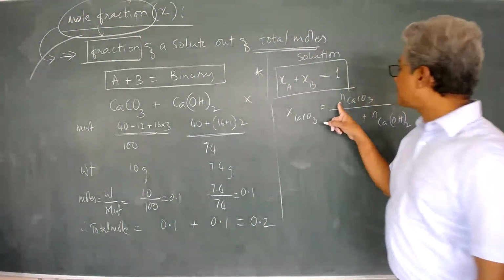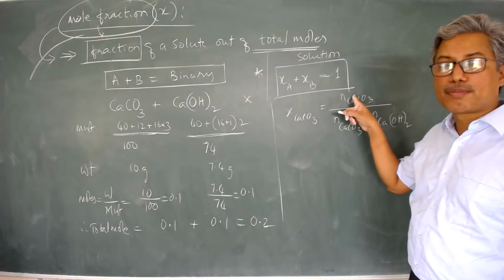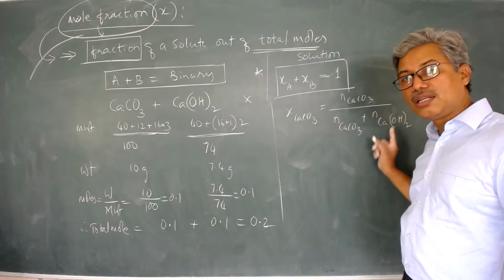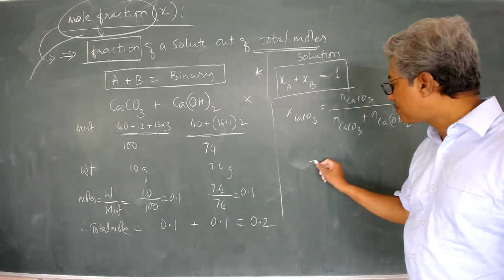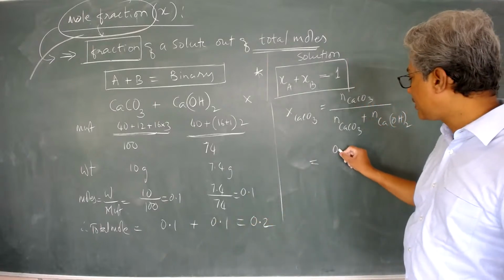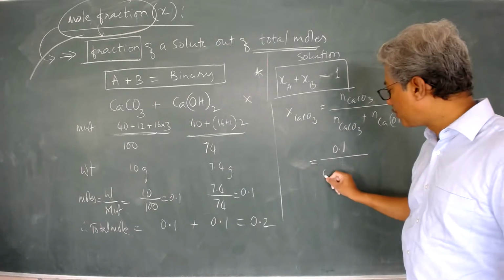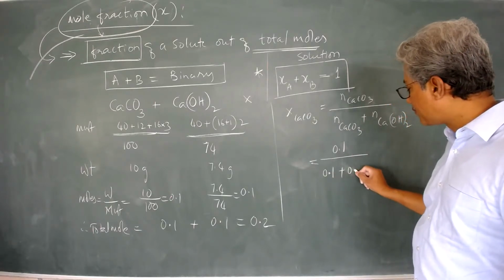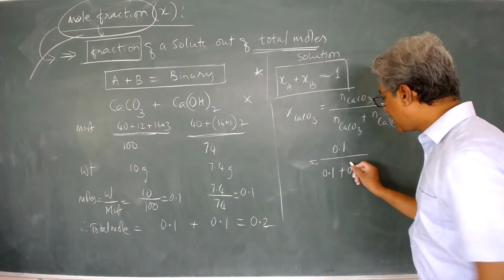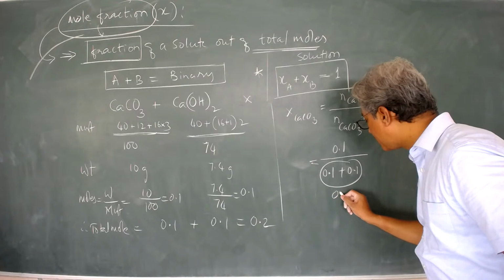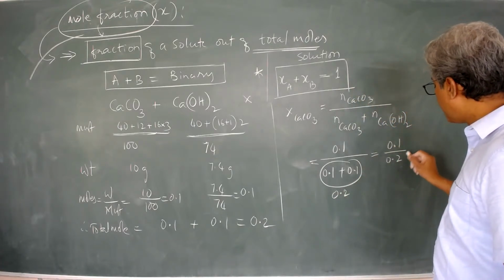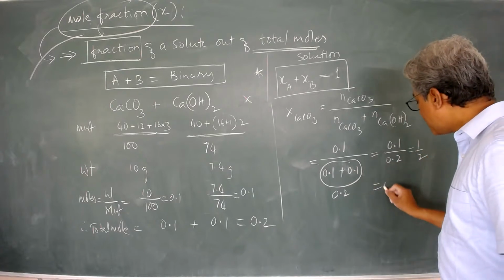What is this? This is the number of moles of solute in this case. And this will be the total moles of the solution. That's why, the number of moles of CaCO3 is how much? 0.1. The number of moles of CaCO3 is 0.1 plus the number of moles of calcium hydroxide is 0.1, or we can write directly 0.2. That means 0.1 divided by 0.2. It will be 1 by 2. This will be 0.5.